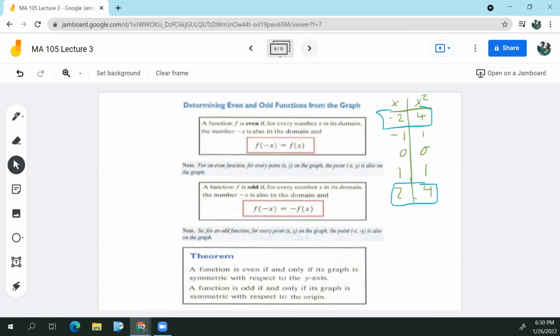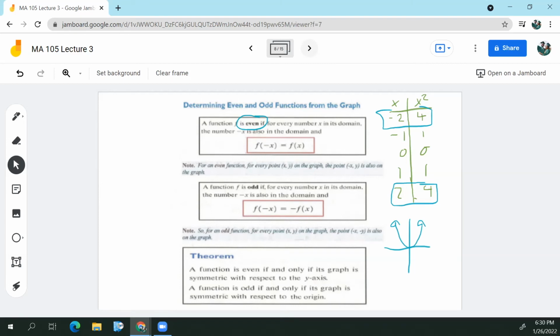This is why it's called an even function. So if I have -2 and I get 4, and I have +2 and I get 4, it's even. Another way to think about that is that graphically, it should be symmetrical over the y-axis. So you got that symmetry going. That's why it's called even.